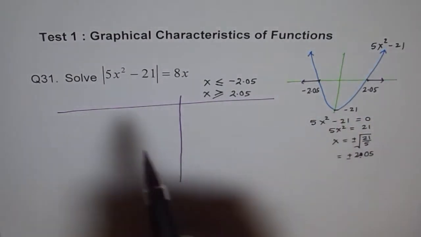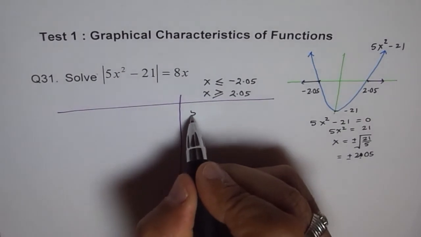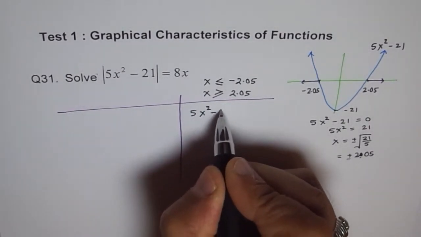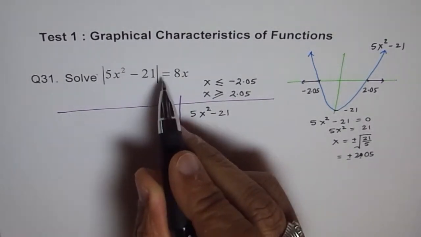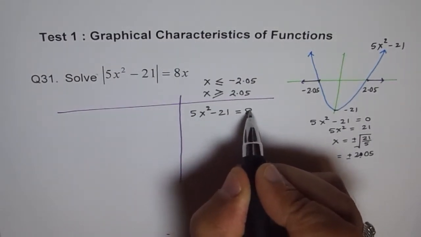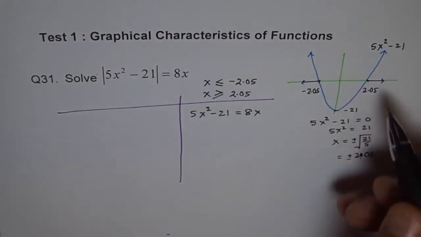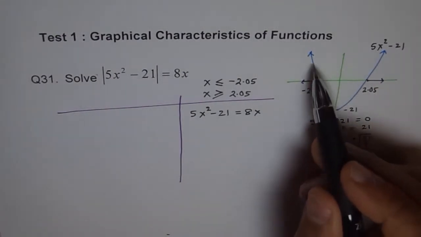In that case, the absolute value of 5x squared minus 21 is the same as 5x squared minus 21, and therefore I can write this equation as 5x squared minus 21 equals 8x. Is that right? Like you can see here, same as this blue curve.